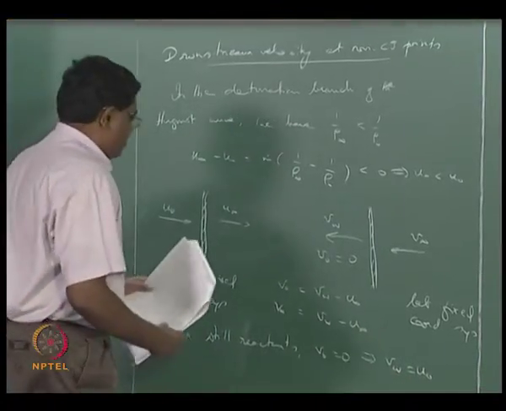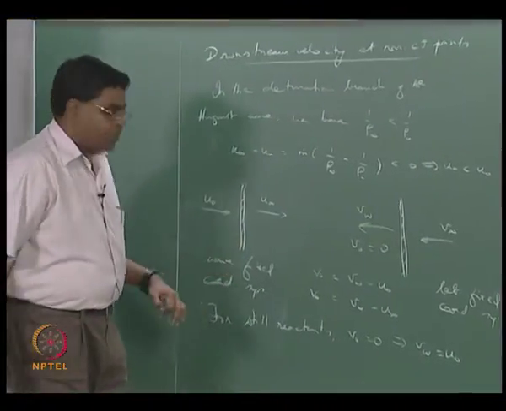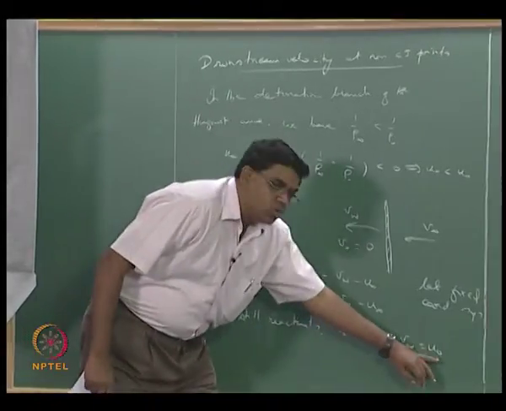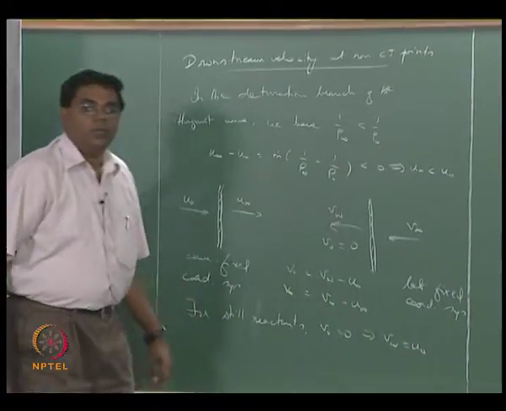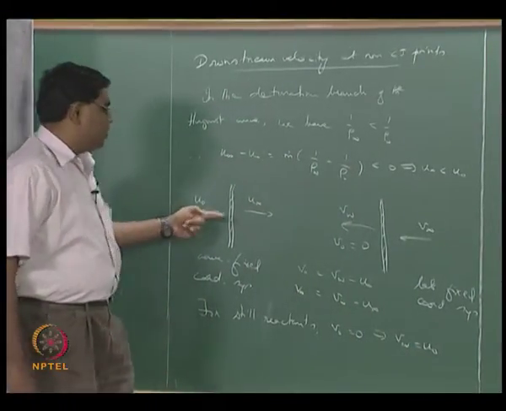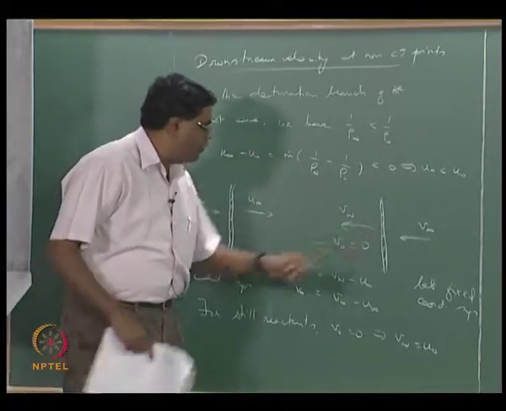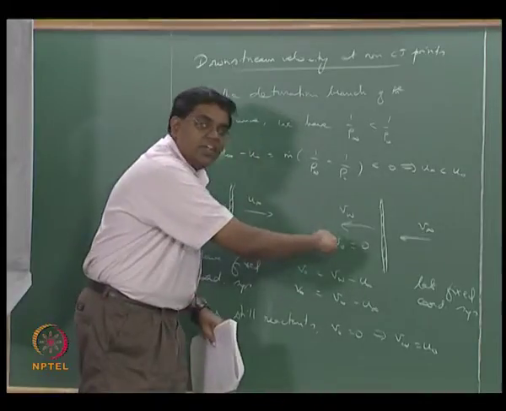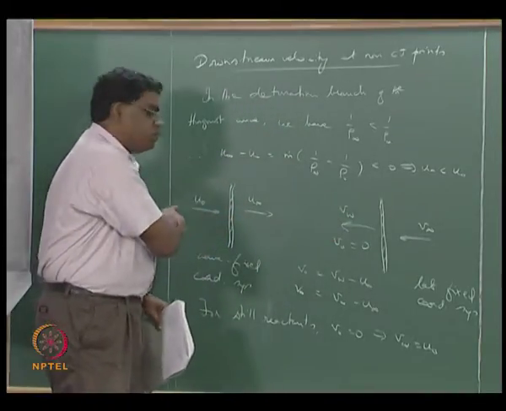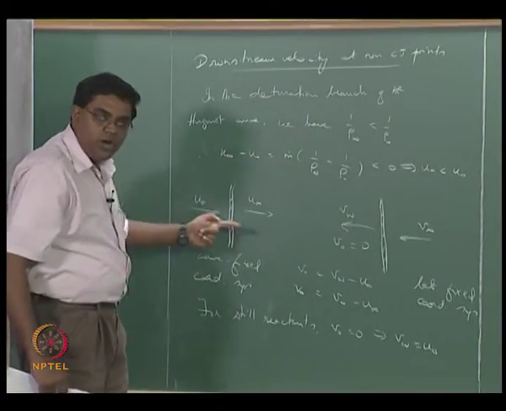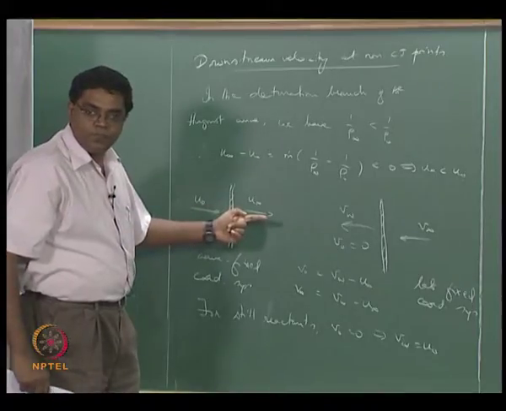Notice this carefully, we can say v wave is equal to u naught because of the way the arrows are marked. If you take your arrow for the v wave to be rightward, that is when it is equal to u naught, with the u naught marked this way.